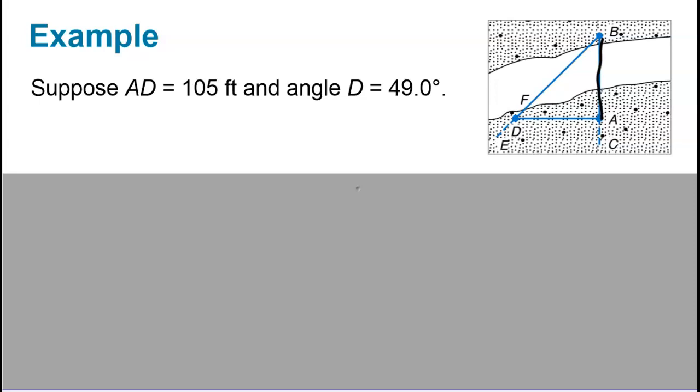Okay, great. Hopefully you've solved the problem, and we're going to go through this. If not, feel free to pause if you're like, oh yeah, that's right, I can figure it out from here. Looking, we know one thing. We know that line AD is 105 feet, and that angle D is 49 degrees.